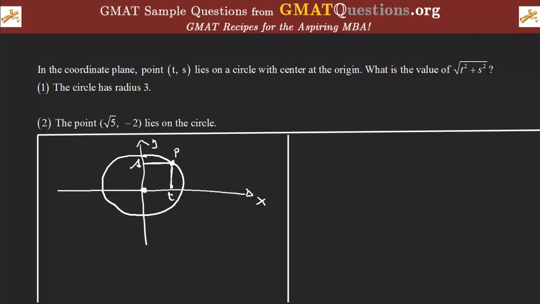Now, isn't this line, let's draw it, isn't it the radius of the circle? It's going from the center to the edge of the circle. So this is indeed the radius of the circle. If you know about right triangles, you should know the Pythagorean theorem.